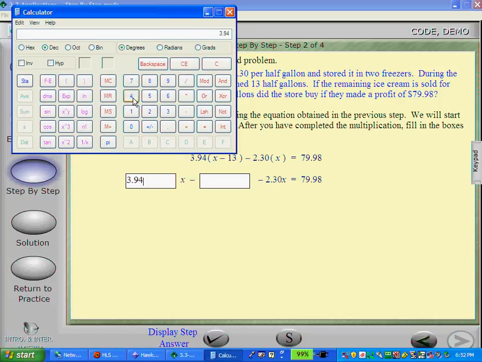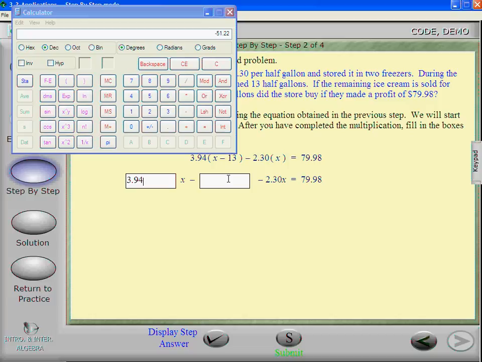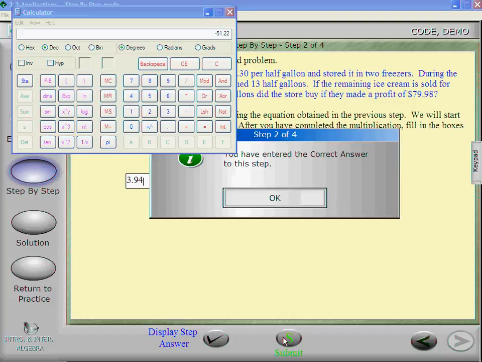I'm a math teacher, I should be able to do all these in my head, right? Might be able to do some of them, but I'm going to save myself some time on this one. So, minus 51.22. Okay, the rest of it stays the same on this step.